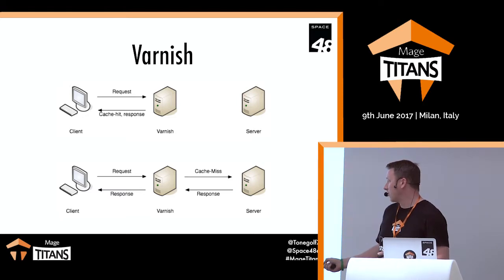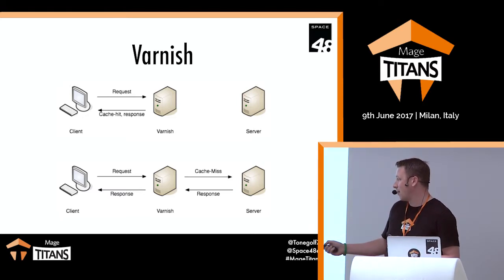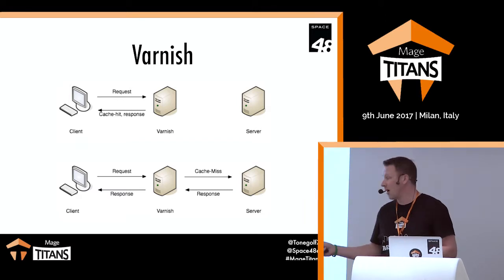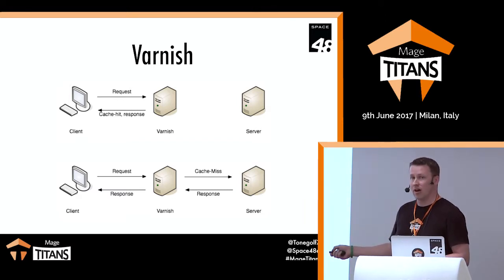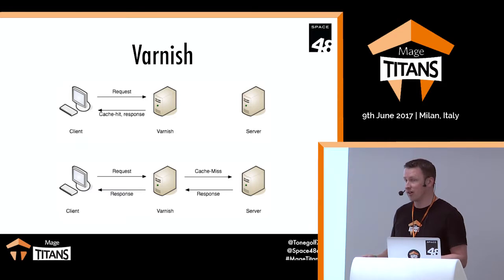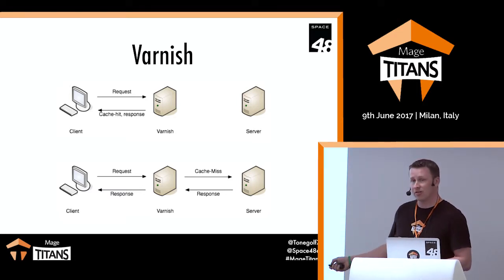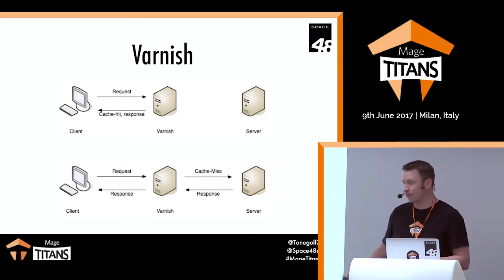The bottom scenario that we have here is what happens when a request comes in and Varnish does not have a cached copy of that URL content. This is known as a cache miss. It's passed back to the server, and that's when Magento will kick in, render all that content, pass it back to Varnish, which is then passed back to the client.